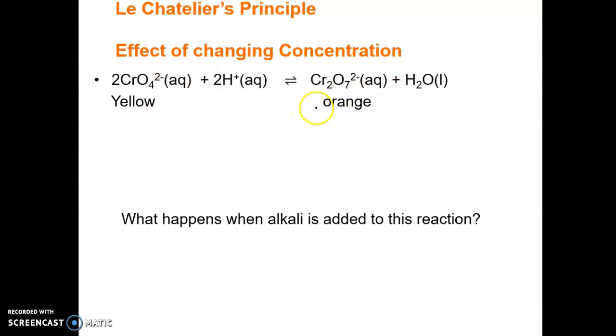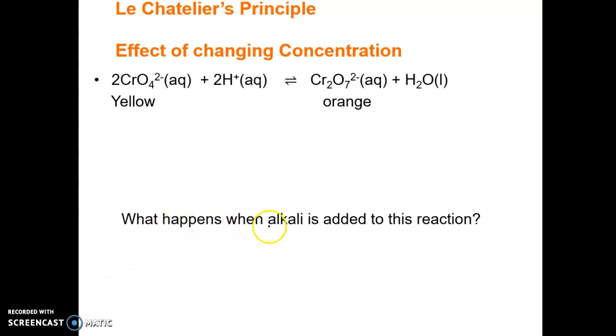So if you take a bottle of dichromate solution, it will look yellowish orange. More orange because dichromate ions would be more in that. But remember that that particular bottle has got both ions, but you don't see yellow because that's masked by the more predominant color, which is orange.